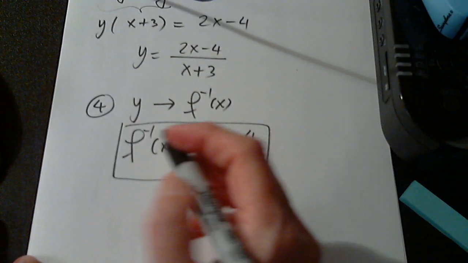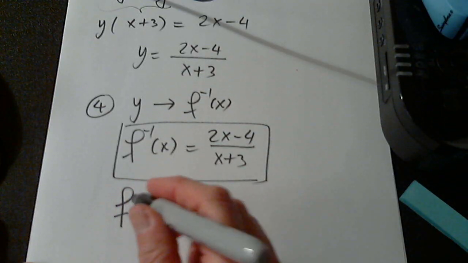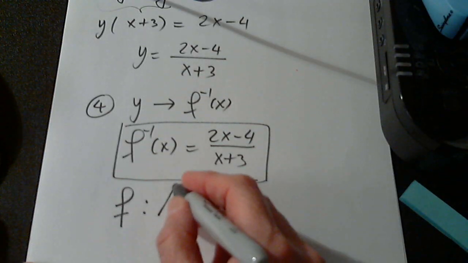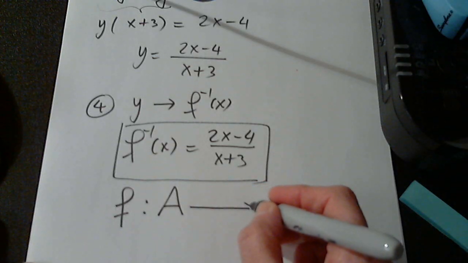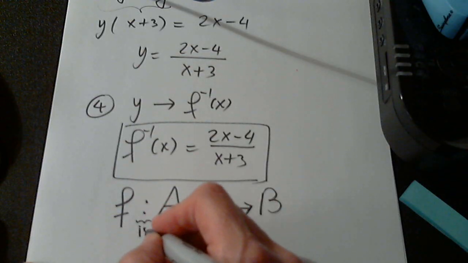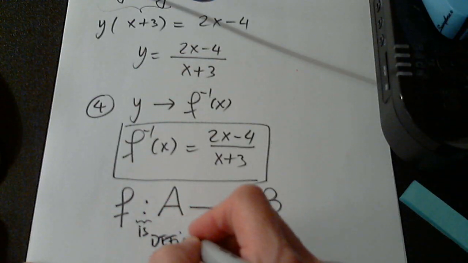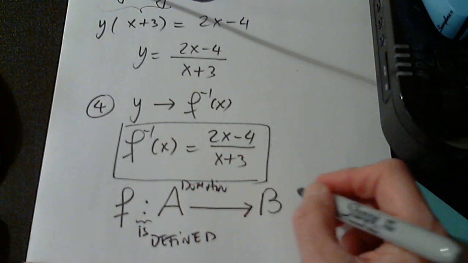Now, if the function, this is how mathematically we write, is defined on domain A, taking values in B, so this is domain, and this is range.